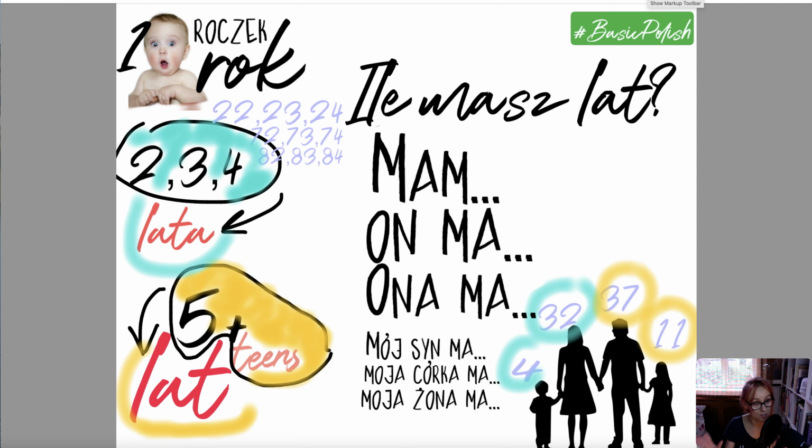It doesn't apply to teens, but 2, 3, 4 "lata," above 5, right? All above 5 is then "lat." And when a child or an animal or whatever is just 1 year old, we would use either "rok" or "roczek." So that's something that you need to remember.